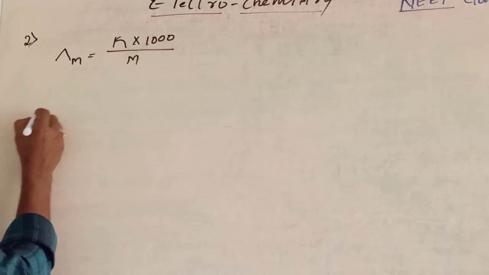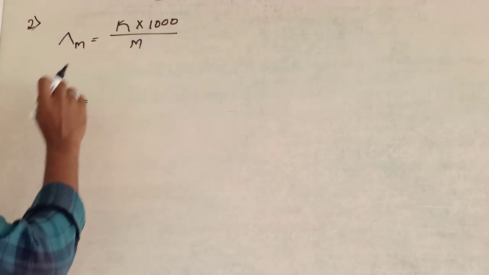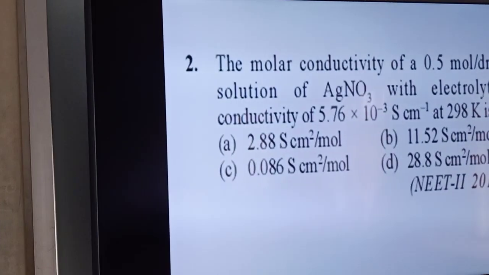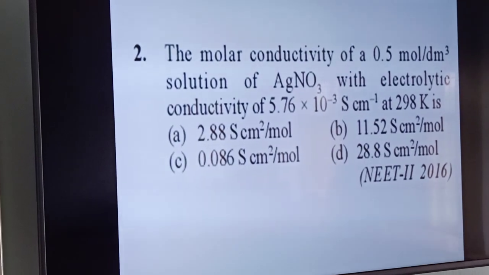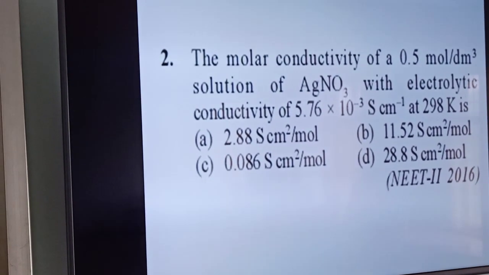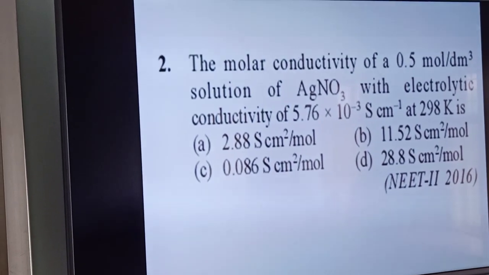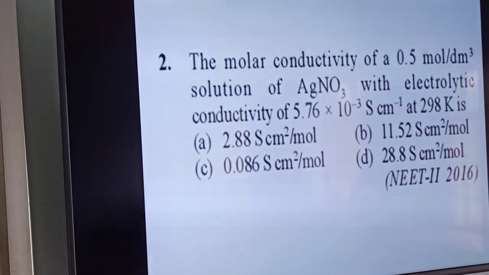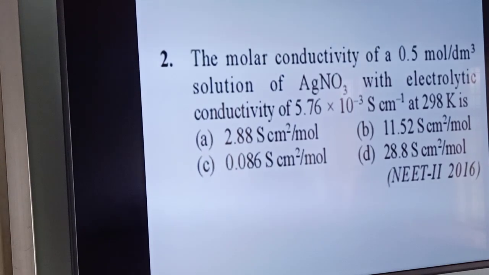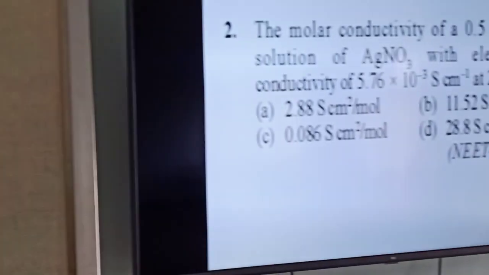Where molarity value is given, that is concentration is given, kappa is given there. Kappa is 5.76 into 10 power minus 3 into 1000 upon molarity. Molarity is 0.5.